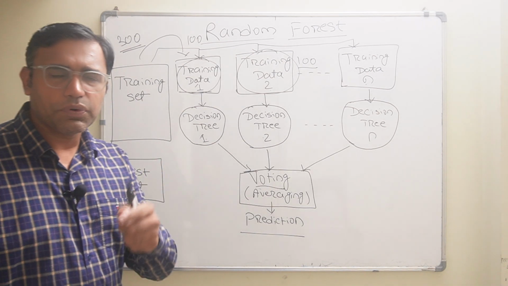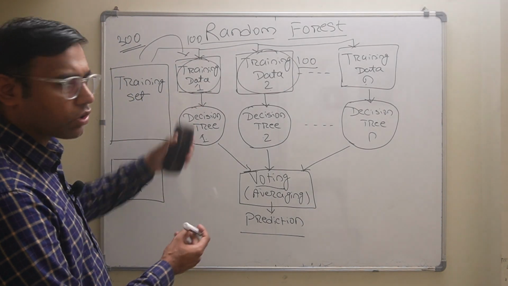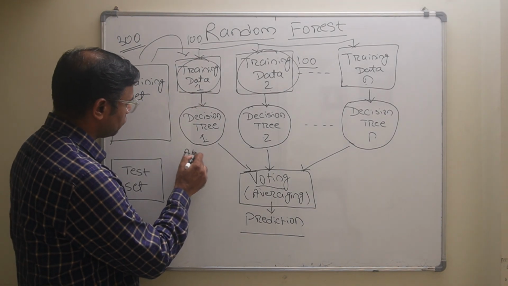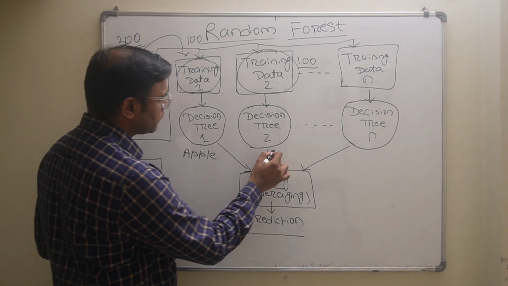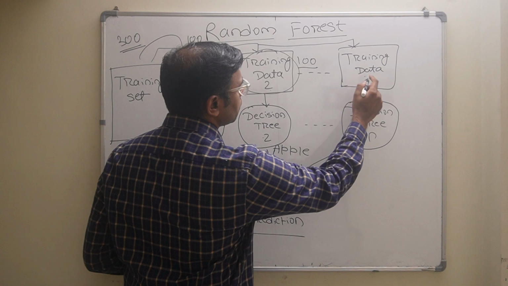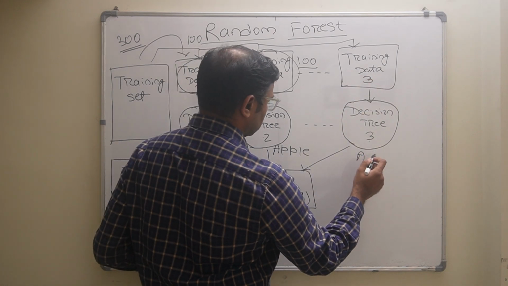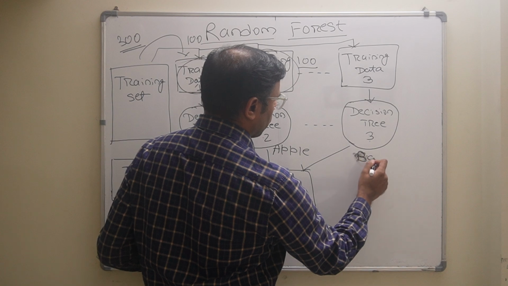Again I will take one example here. Suppose the output of this decision tree is apple. The output of this decision tree is apple. Now I will modify it a little bit. Suppose three decision trees are constructed, and the output of this decision tree is, let us say, banana.